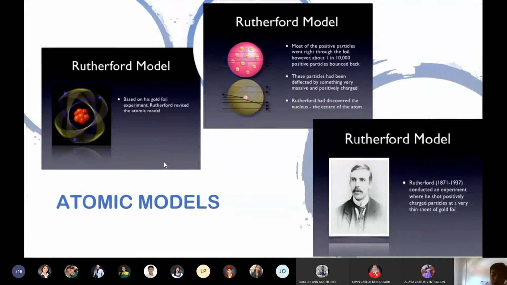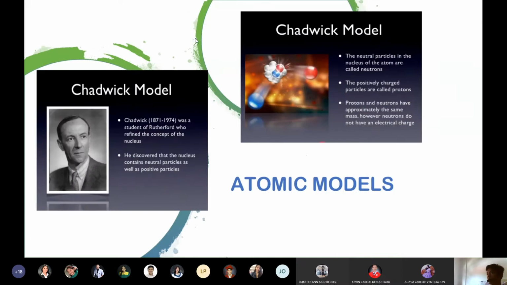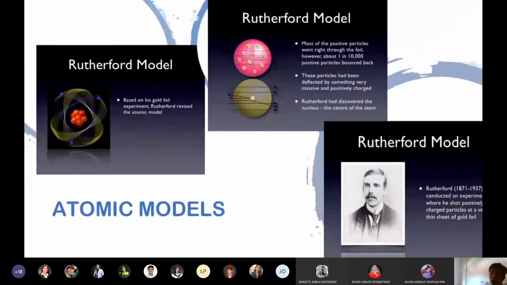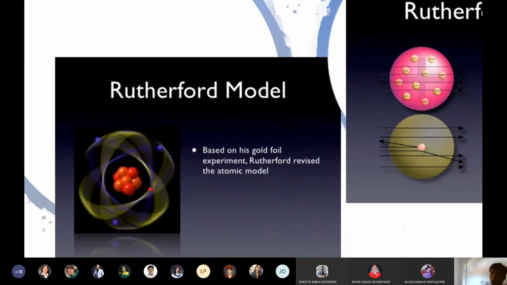Then later on, with further development of science, they discovered more. Chadwick, what did he do? He revisited Rutherford's model, because Rutherford said there's something in the center of your atom, this nucleus.